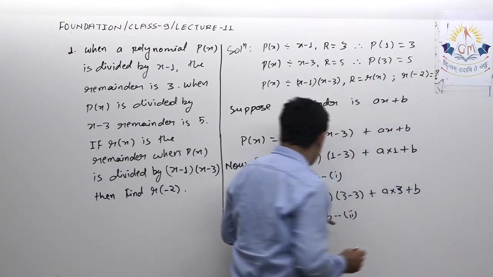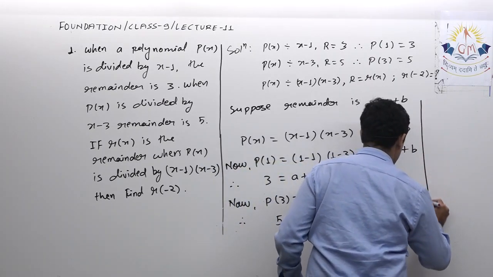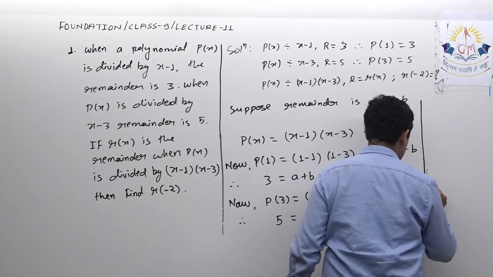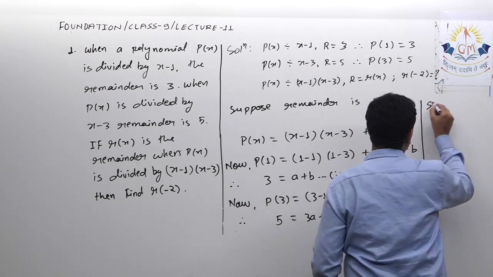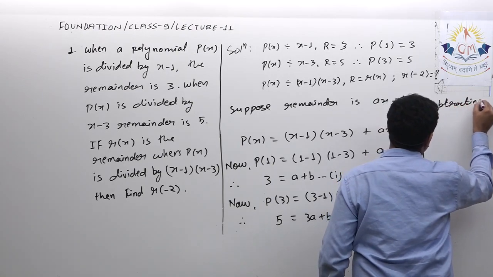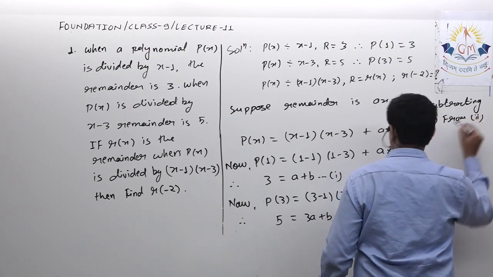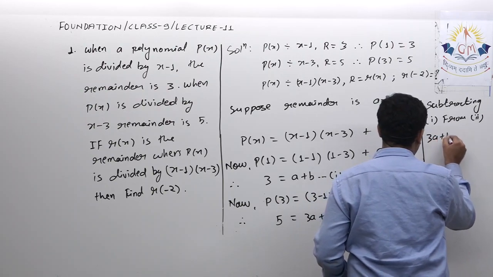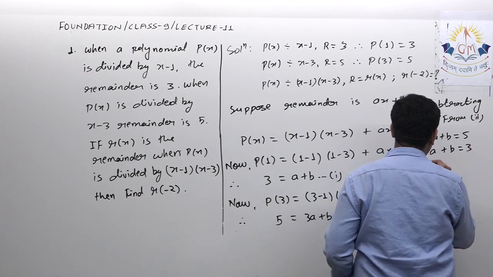For that, I will subtract the first equation from the second equation. So 3a plus b equals 5, and a plus b equals 3.